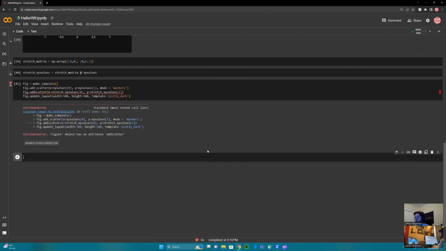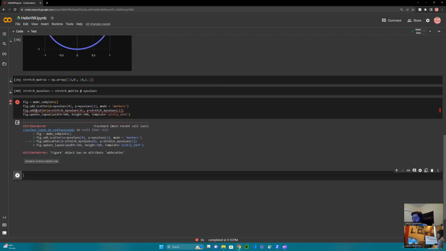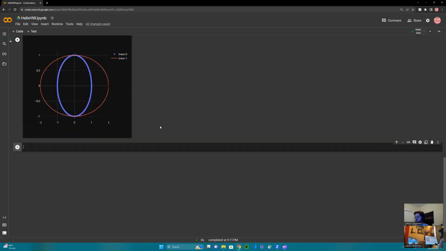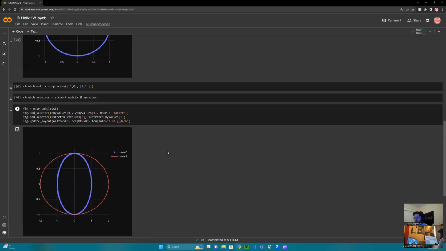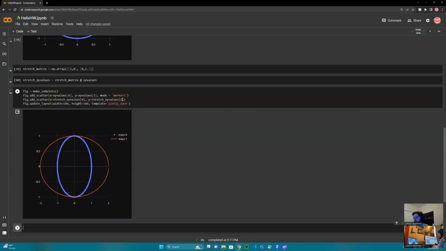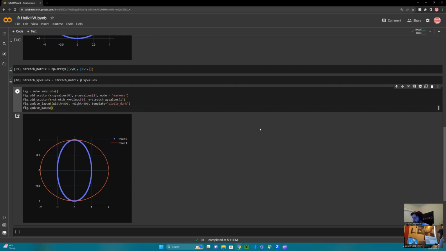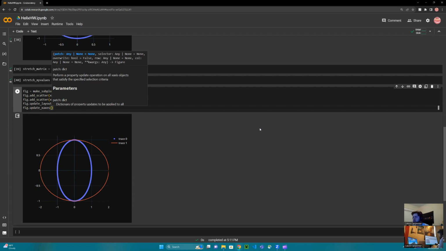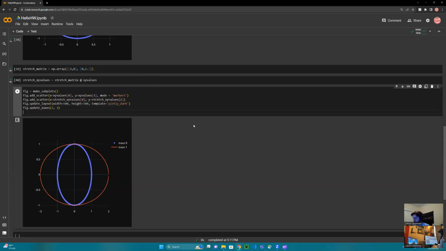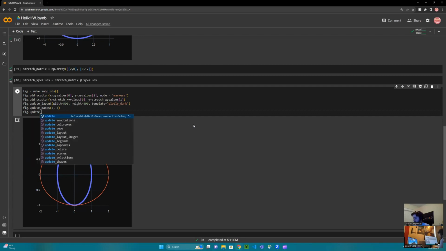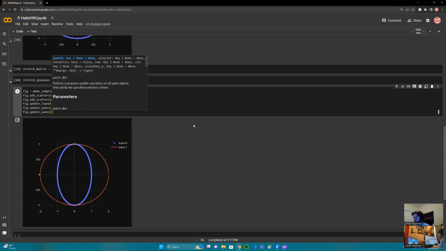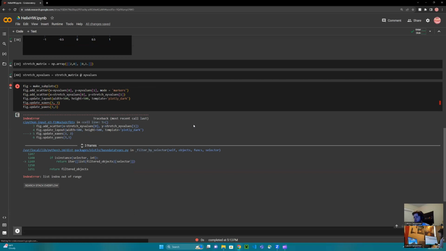This works. Okay. Stretched it, but in the wrong way. Update X axis.